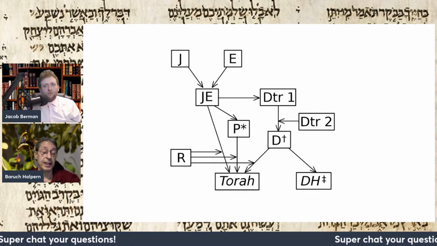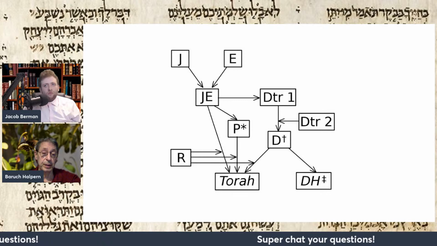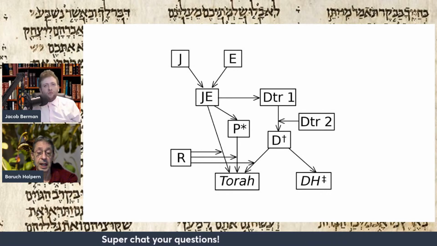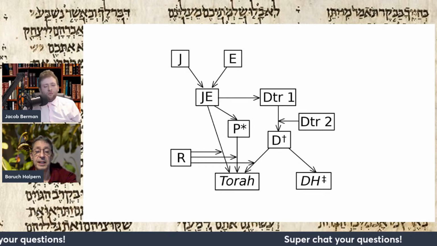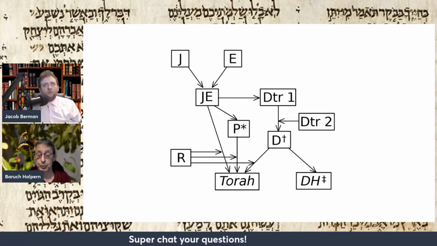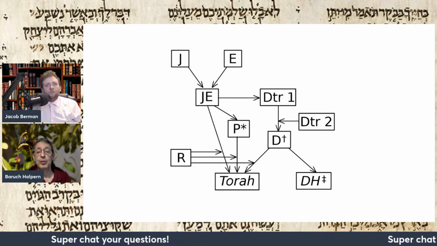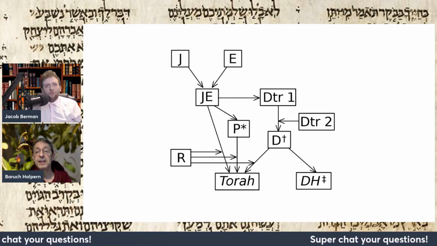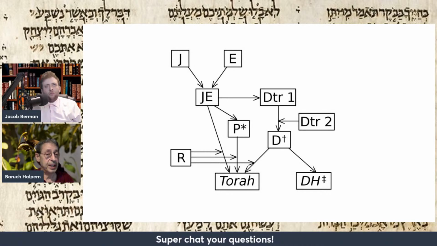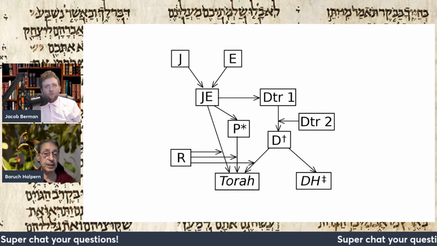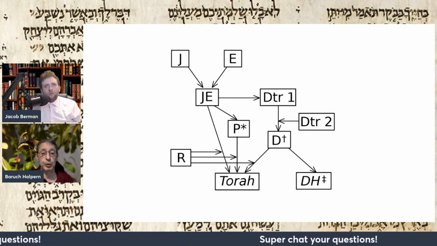But the really classic formulation at this point is a book called Who Wrote the Bible by Richard Elliott Friedman. And in it, he combines the analysis of the Pentateuch, which is on the left side of your screen, with the creation of the books of Joshua through Kings, Joshua, Judges, Samuel, Kings, which are called DTR, the Deuteronomistic history.